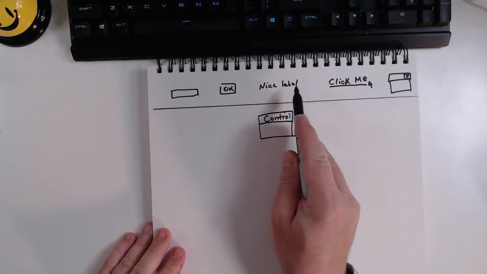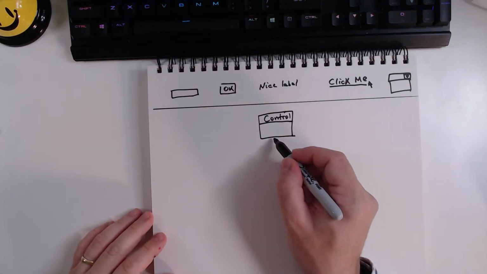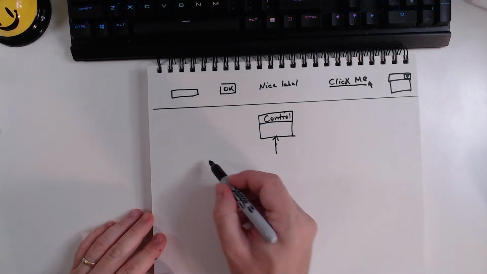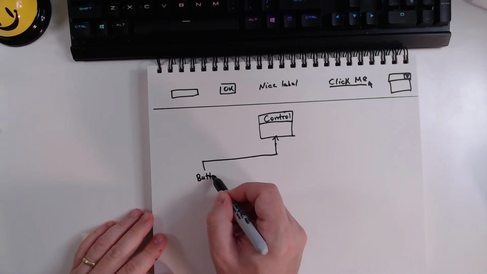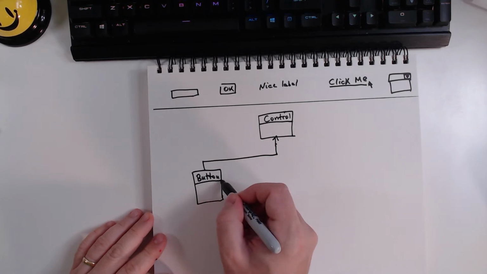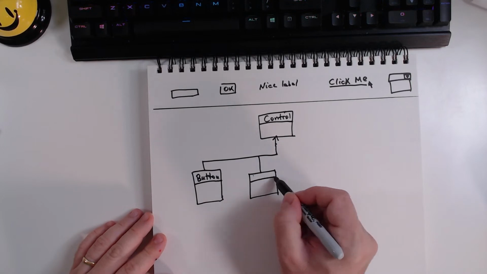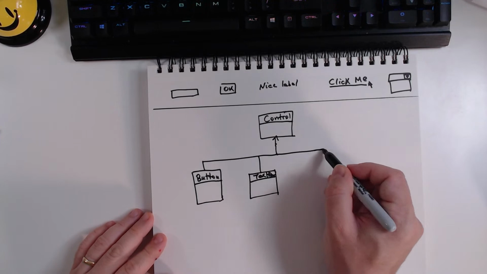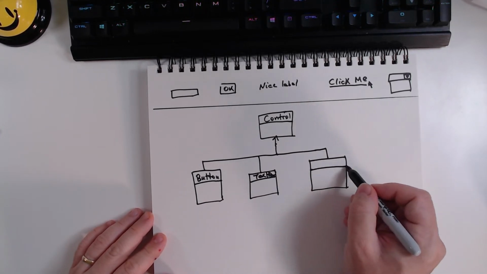All these are sometimes called controls or widgets, and from this abstract class we can inherit all sorts of controls, such as a button, or a text box, or a label.